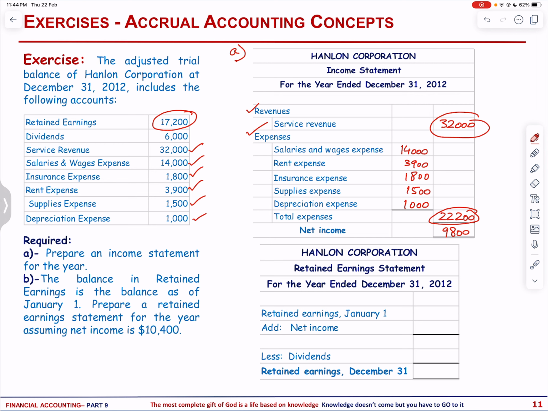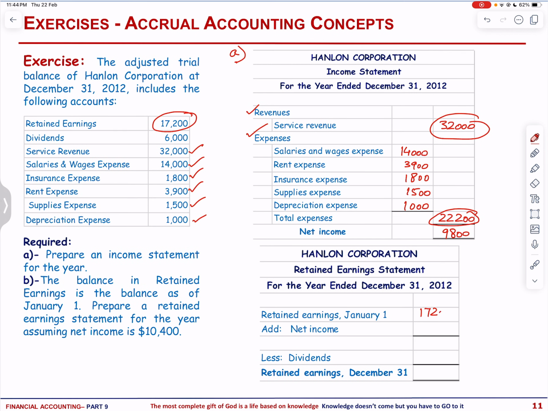Now, in this exercise, the beginning retained earnings is 17,200. To this we will add the net income. Sorry, it will not be 9,800, but rather what they say in the question. Prepare a retained earnings statement for the year assuming net income of 10,400.